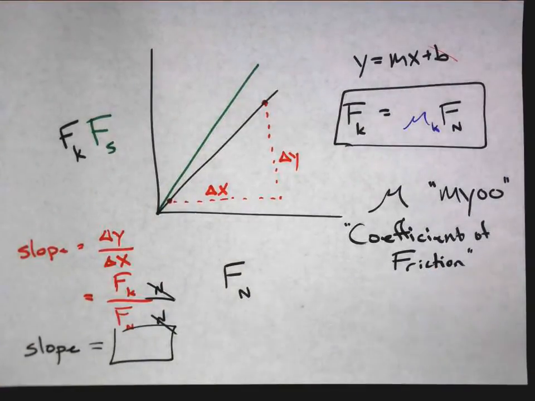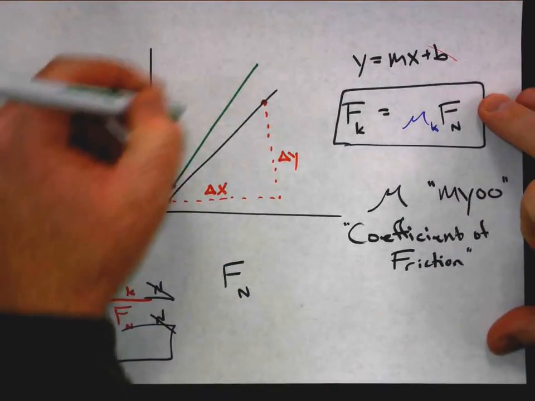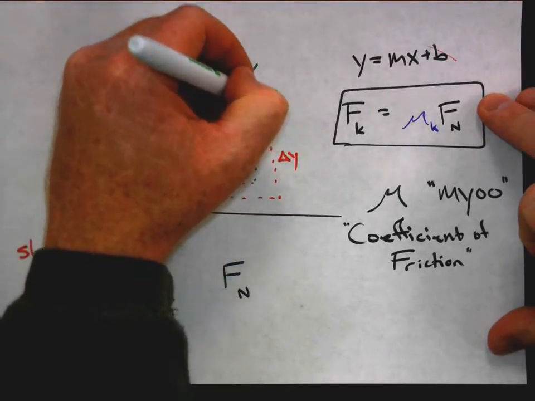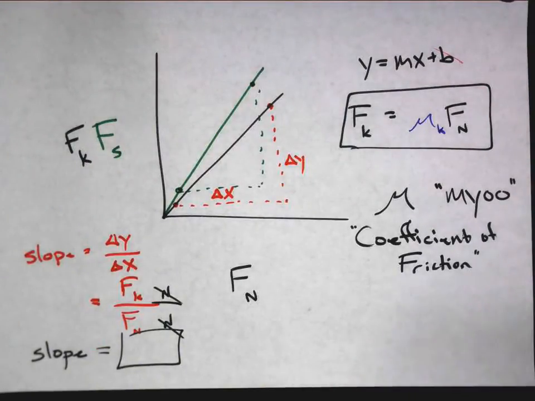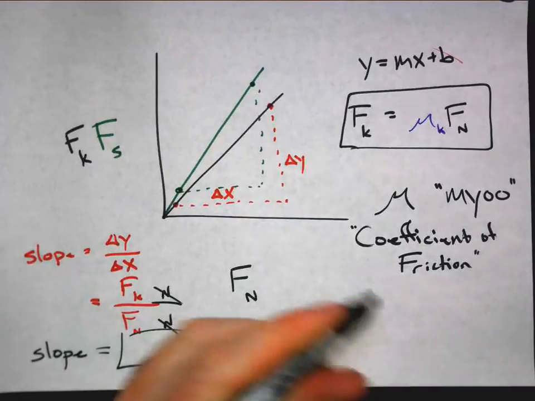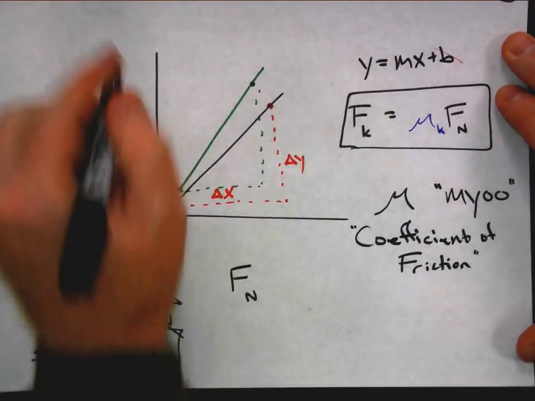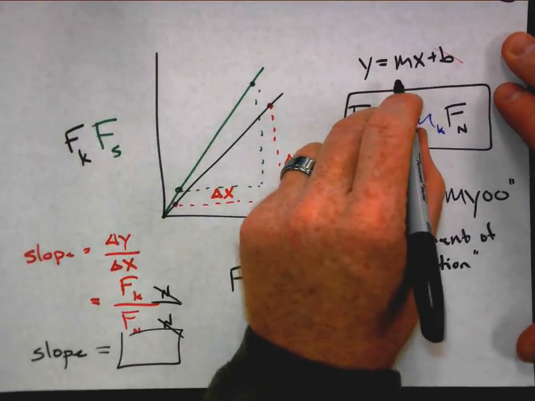Well, we're going to have 2 points on that line, right? We're going to have a run, we're going to have a rise, and so we can find a slope of that line. So this is still linear, so we still have y equals mx plus b.